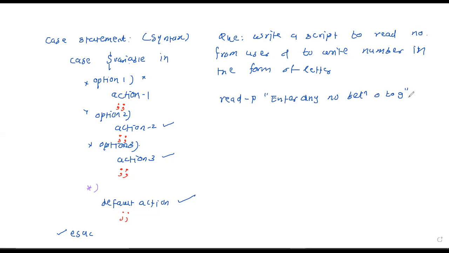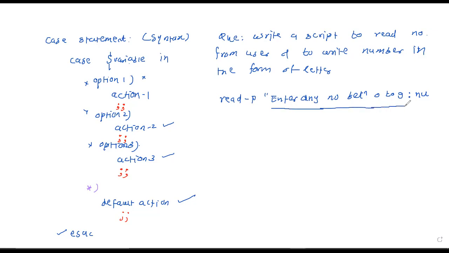Let us define some variable. Say we write number, and for number we use nu. Okay, so read -p, in double quotes we write enter any number between 0 to 9. Now you know friends, when we use -p, this is something like the echo command.